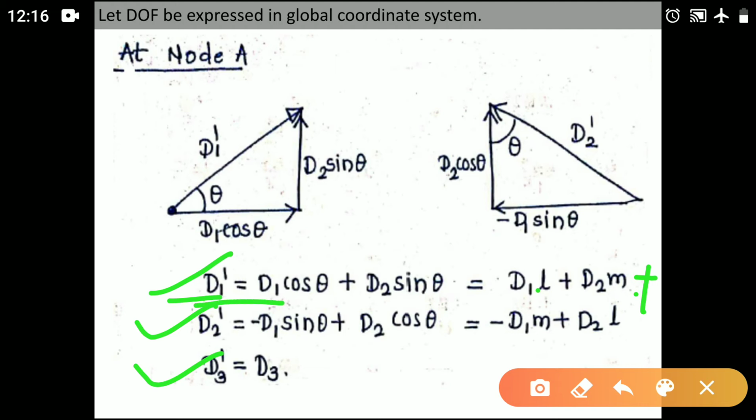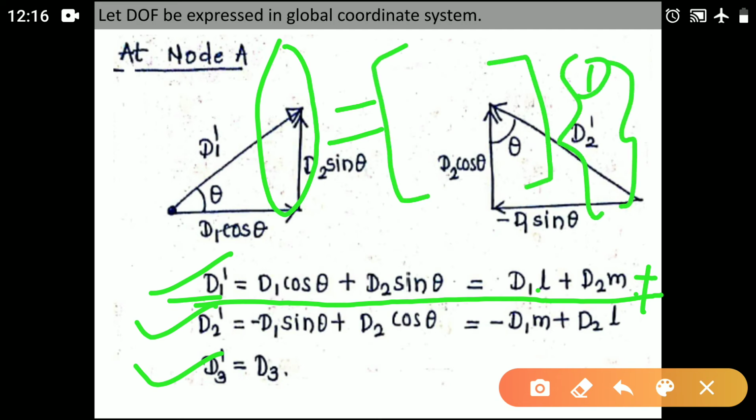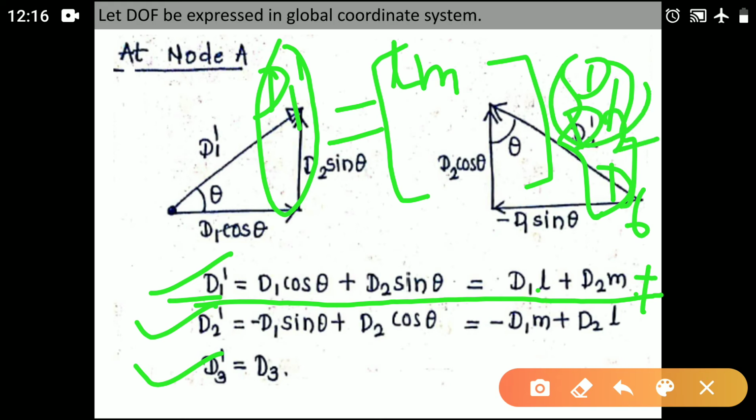Though in this equation only the values for d1, d2 are present, we are writing that equation here for 6 degrees of freedom equal to coefficient column into again d1 to d6. So when we write d1 dash equal to, the coefficient of d1 is L, coefficient of d2 is M. So that will cover only these first two.